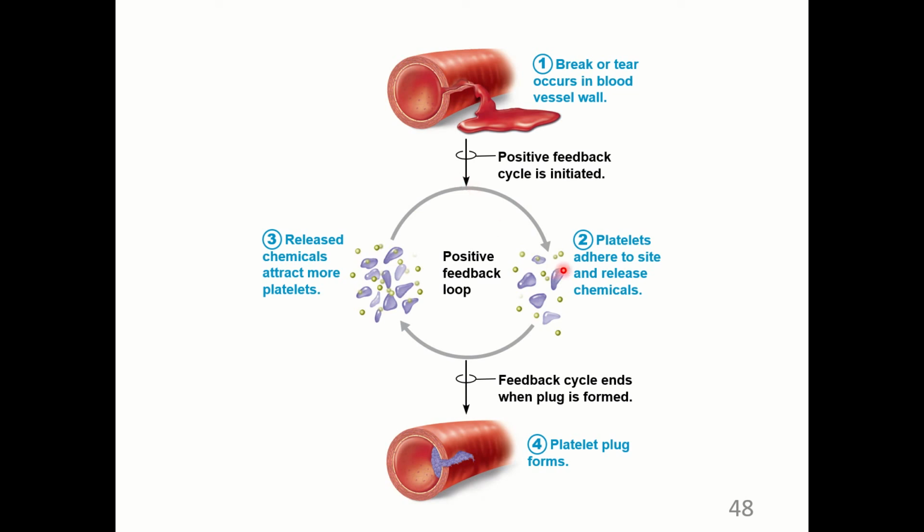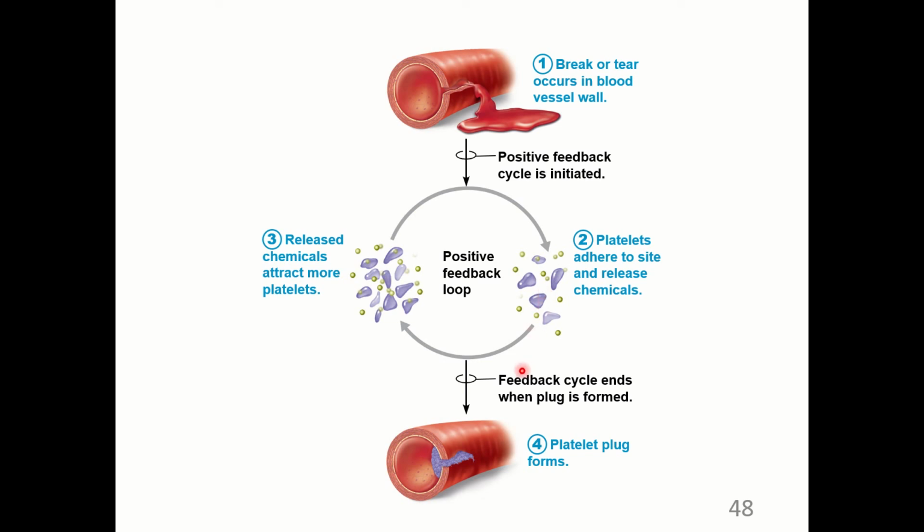In step 2, the platelets are going to adhere to the site of injury. Platelets are clotting proteins in our blood vessels. And as the platelets adhere to the site of the tear, they will release chemicals.